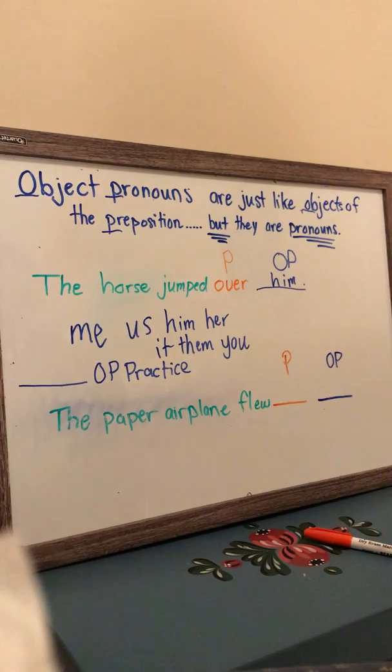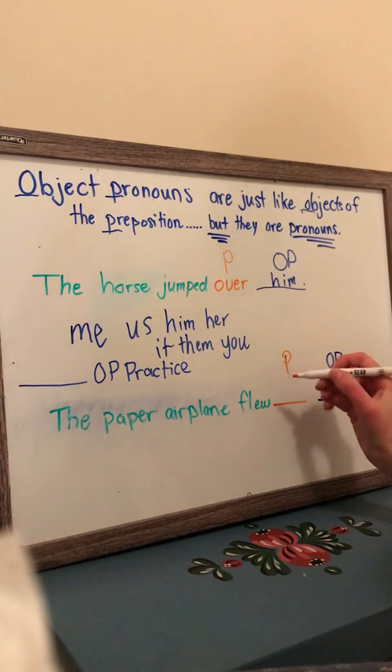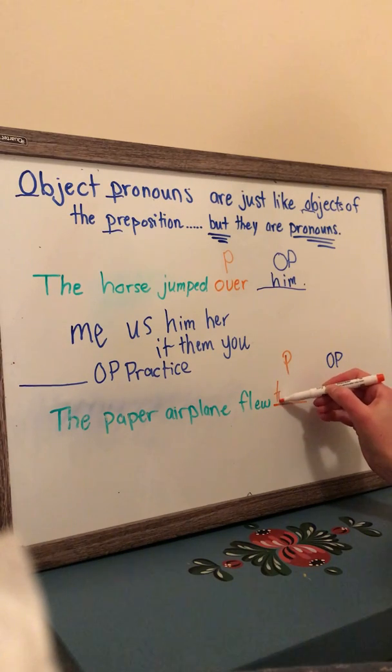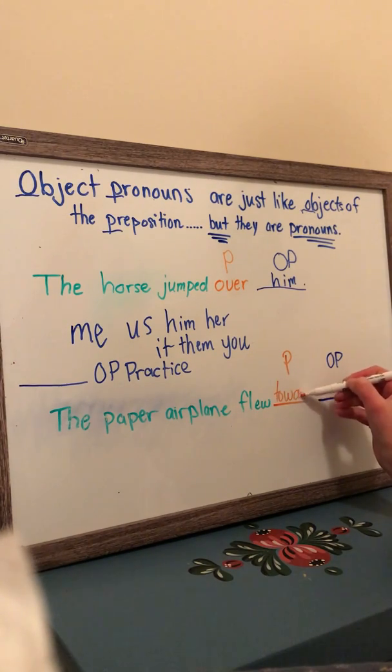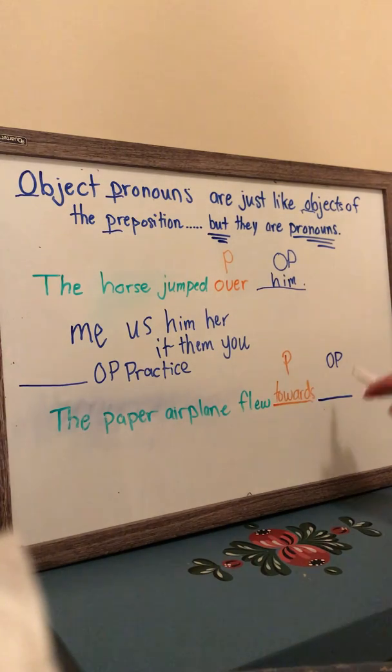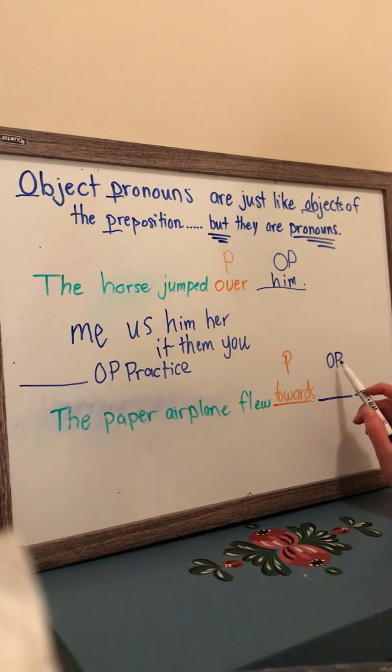There's so many prepositions we can use, but let's just pick a random one. Let's say towards. The paper airplane flew towards blank. Towards what? Now this time, remember OP can stand for object of the preposition or object pronoun.